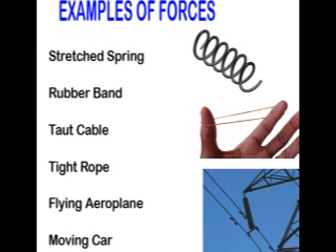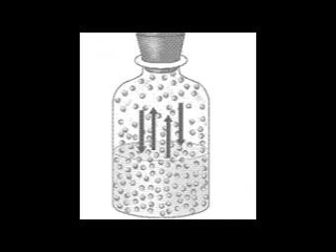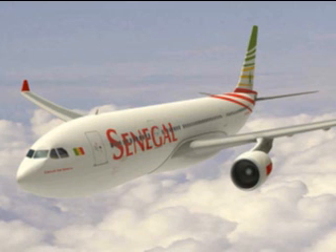In liquids and gases also, these forces occur, for example, between the particles of the liquid and the walls of the container. These forces are known as buoyant forces. There are also forces between sliding surfaces. These are known as frictional forces.